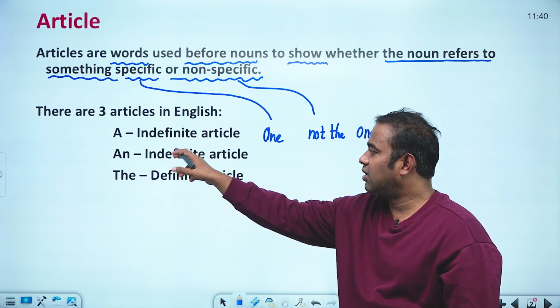That's a very simple way of remembering. If I am talking about something, I am talking about that specific thing. For example, we can write: the king. How many kings do we have? We have only one king. We cannot have several kings. That's the reason we call it the king.